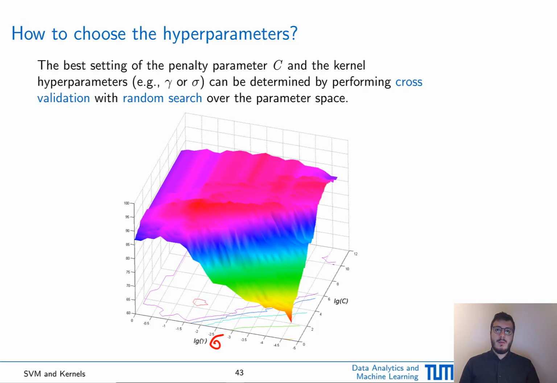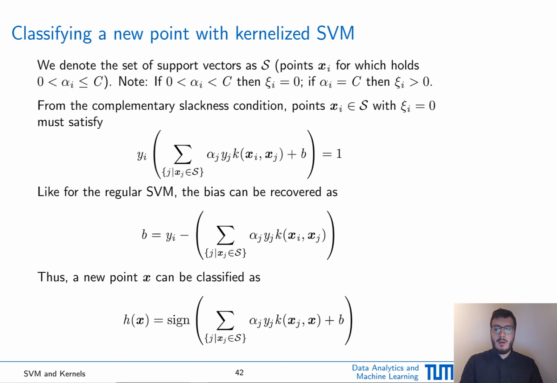Finally, let's discuss for completeness how we actually classify a new data point with the kernelized SVM approach. As before, the optimal weight vector is a linear combination of the data points. So w is simply the sum over all i of alpha_i y_i, and now we use the features transformed by the basis function phi of x_i.